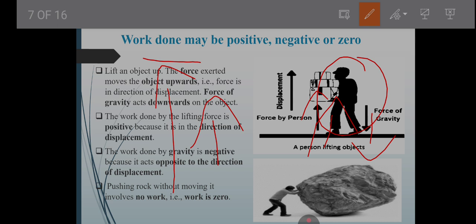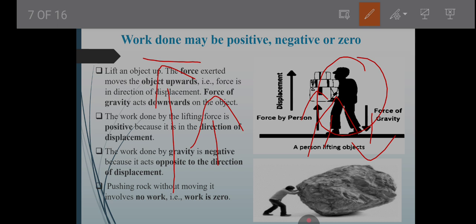The work done by gravity is negative because it acts opposite to the direction of displacement. He applies force on the object to lift it upside, but gravity always attracts the object downside, and the work done by gravity is taken as negative work because it is opposite to the direction of displacement.